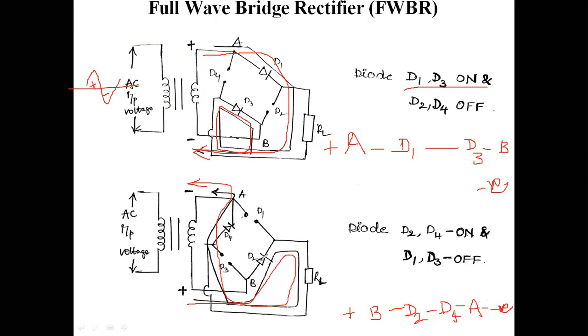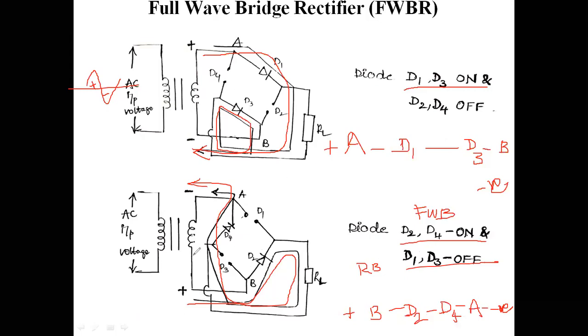Here, diodes D2 and D4 are in on position. That means these two diodes are in forward bias condition and act as on switches, and D1 and D3 are in reverse bias, so we can treat them as off.